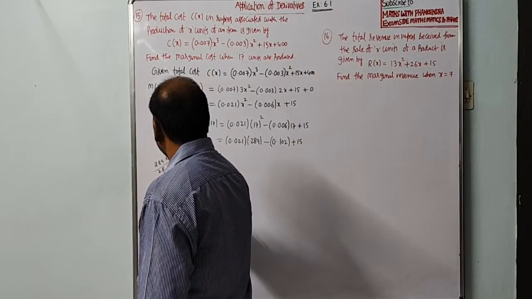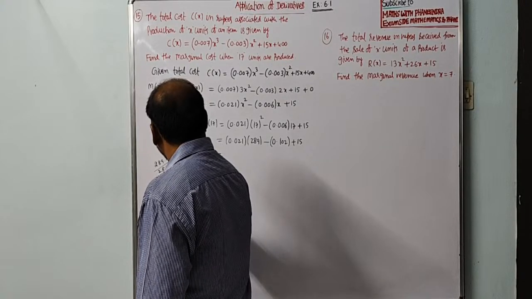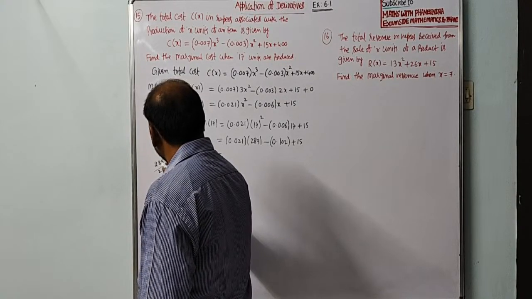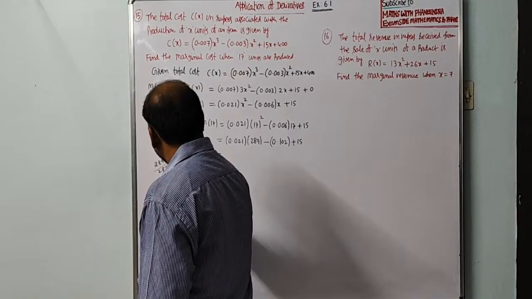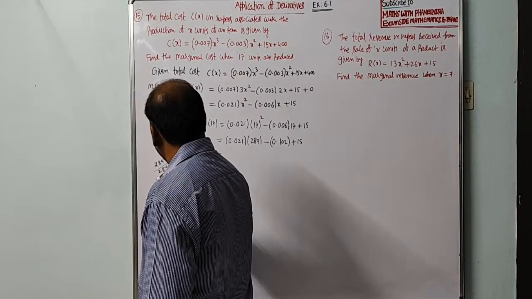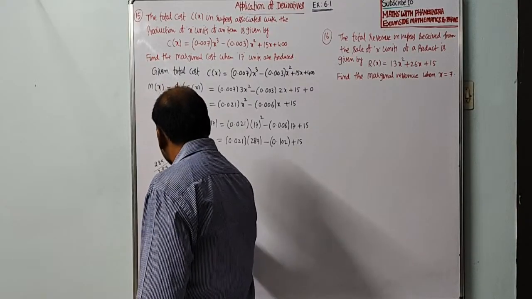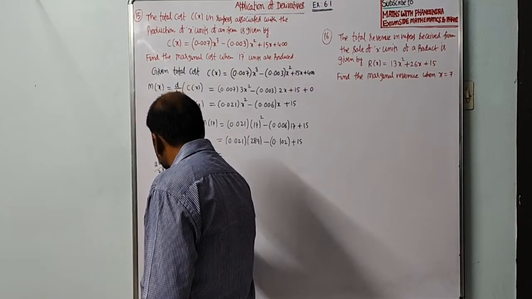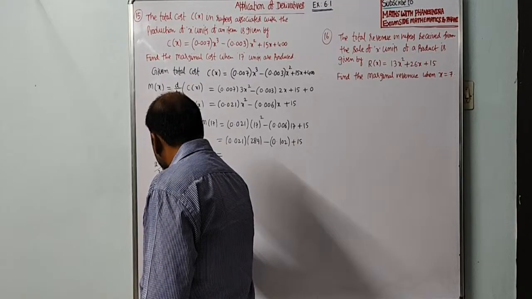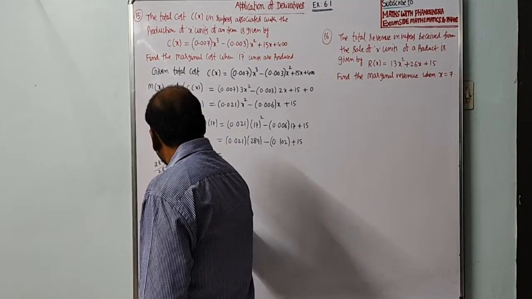First 289 with 2: 2 nines are 18, 2 eights are 16, plus 1 is 17, 2 twos are 4, plus 1 is 5. Then with 0 and 1, and after that three decimal places are there.